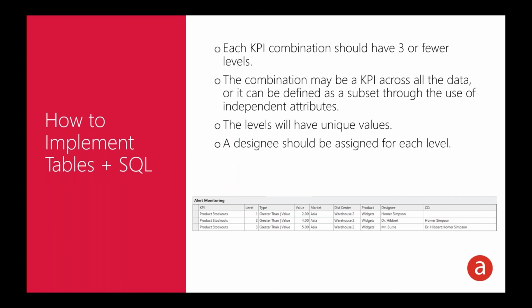Now, you can have an unlimited number of tiers, but I suggest people use three or fewer levels. And from your KPIs, you would do sort of this Cartesian product of all the available levels, all the different KPIs, and the points at which you want to monitor this. And you're going to wind up with this really big table.